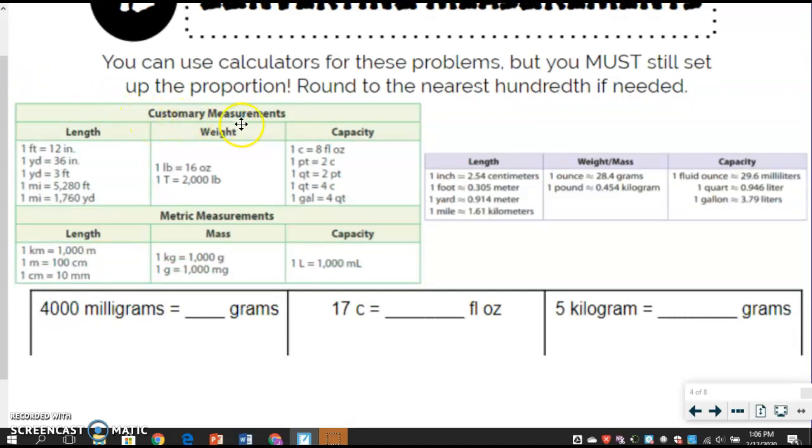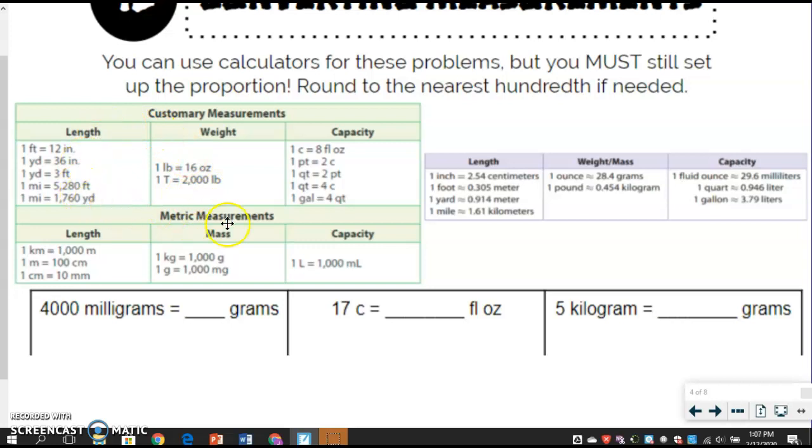We have customary measurements. Remember we talked in 1A about how customary is the system that we use in the United States, but metric is the one that everyone else pretty much uses. Unfortunately, since we have not all switched to the metric measurement system, we have to learn how to convert back and forth.